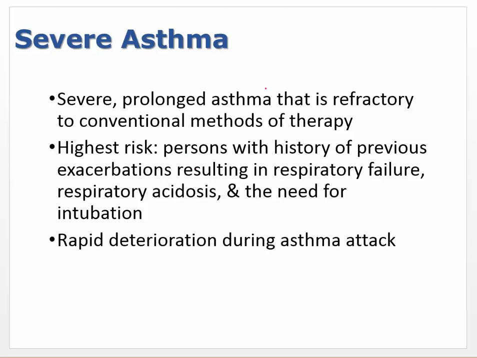Okay, so severe asthma, severe prolonged asthma that's refractory to conventional methods of therapy, highest risk in persons with history of previous exacerbations resulting in respiratory failure, respiratory acidosis, and the need for intubation.